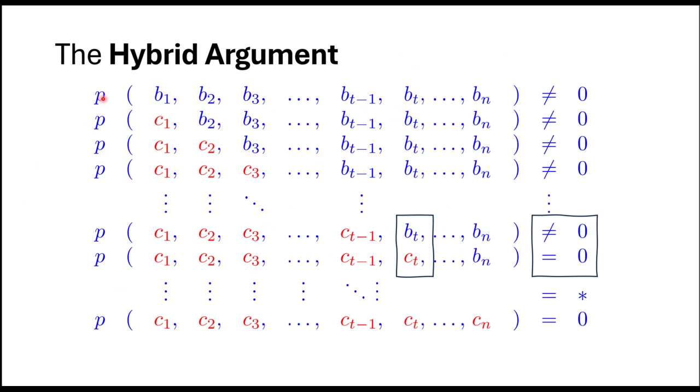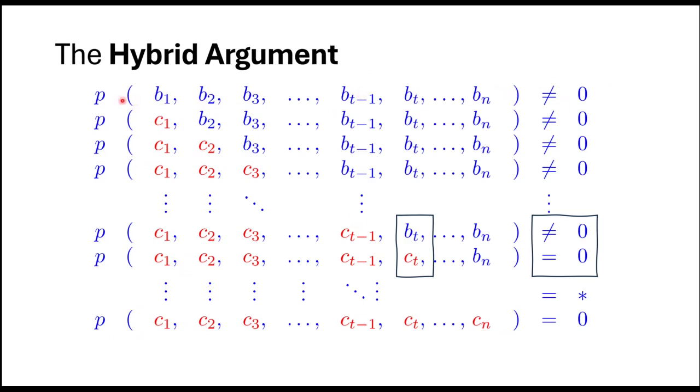We start with B, and we know it's non-zero. The hybrid argument is precisely this kind of argument: you start from one vector, and then gradually add the other vector and find the place where they differ. So we start from B and we end up with C.